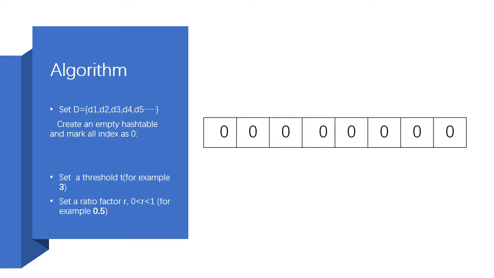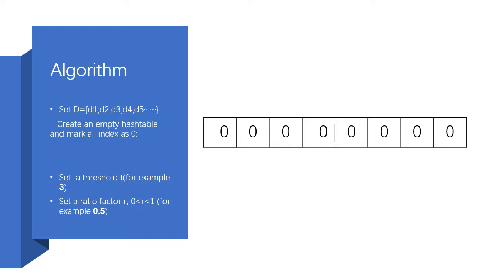So now let's talk about our algorithm using examples. Assume now we have a set of data D equal to D1, D2, D3, etc. And we create an empty hash table and mark all indexes as zero, like I showed on the right side. Now we have to set a threshold T, for example, 3.